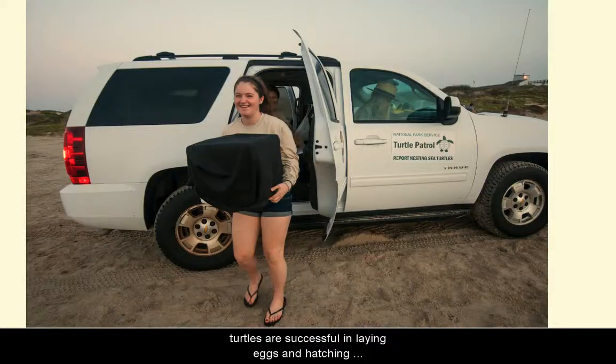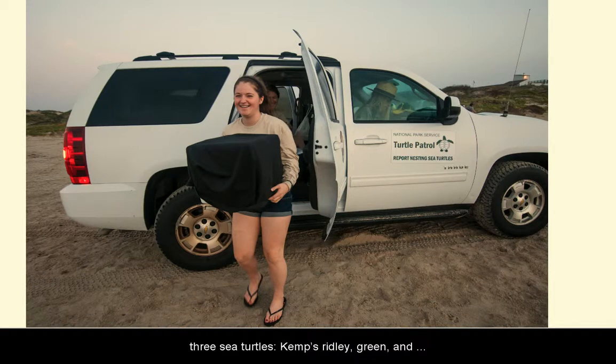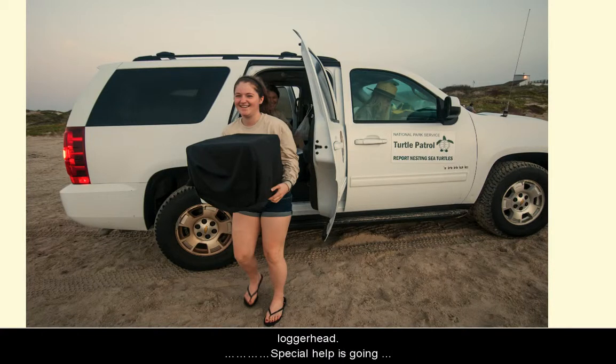Efforts to protect nesting sea turtles on Texas sandy beaches help make sure that turtles are successful in laying eggs and hatching baby sea turtles. Texas inshore and nearshore Gulf of Mexico waters now provide important habitat for 3 sea turtles: the Kemp's Ridley sea turtle, green sea turtle, and loggerhead sea turtle.